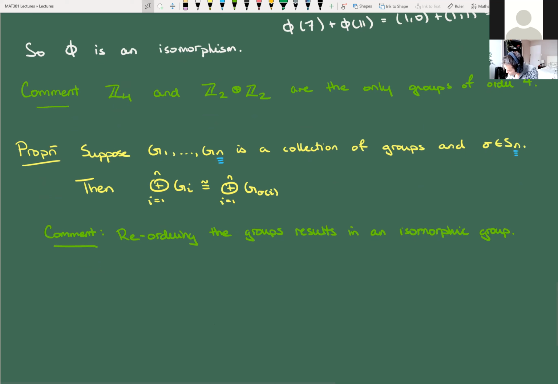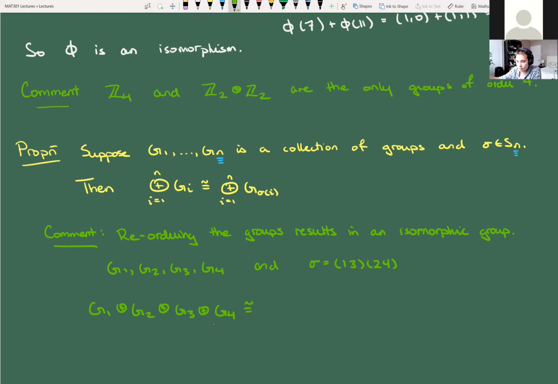Okay, and so for example, if we have something like G1, G2, G3, G4, and let's say sigma is 1, 3, 2, 4, then what the theorem says, if we actually were to apply it with n equal to 4 and this particular value of sigma, is that G1 plus G2 plus G3 plus G4 is isomorphic to, and if you can see what I'm writing here, you can just go straight to the final step.